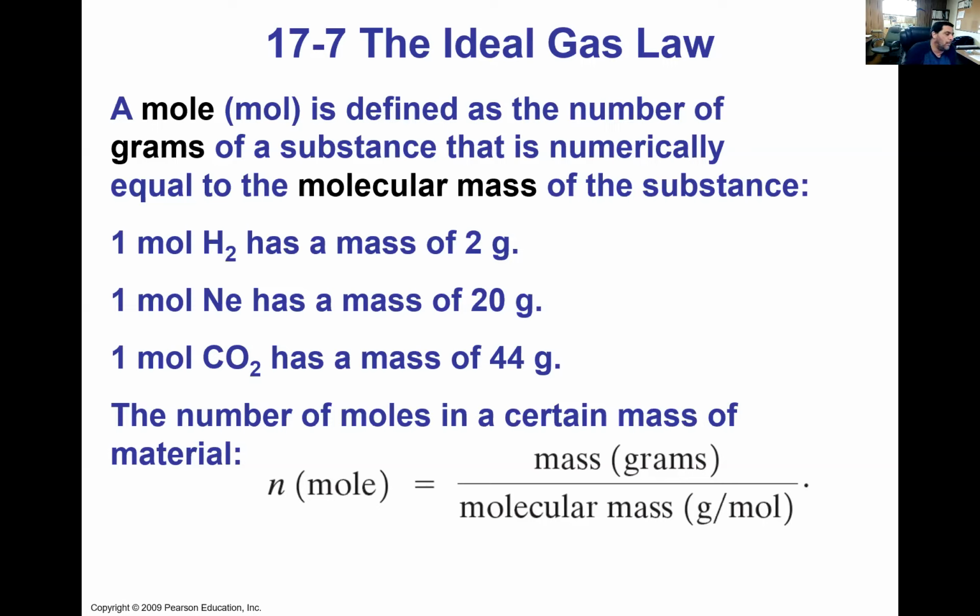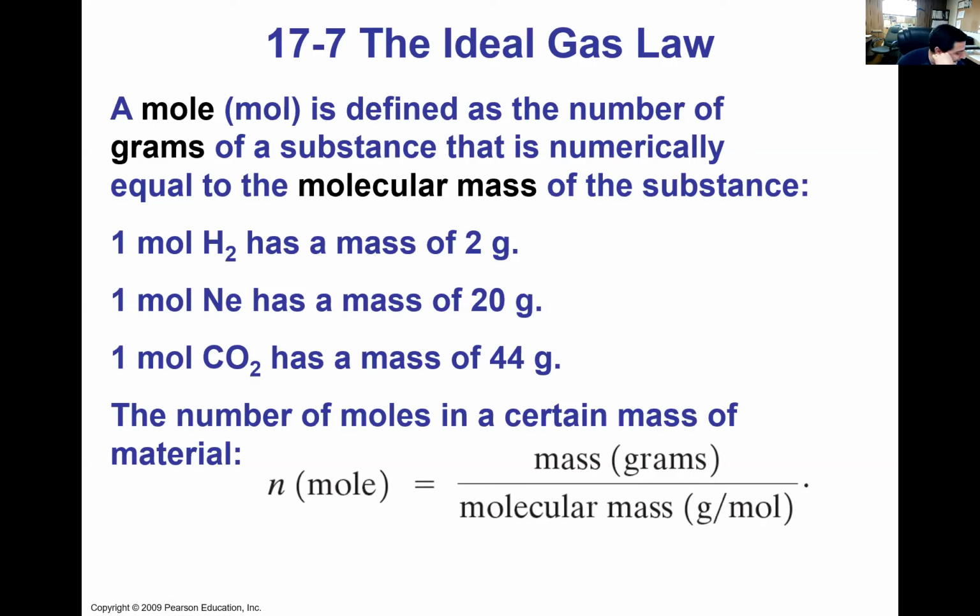So 1 mole of oxygen is 16. 16 times 2 is 32, right? 1 mole of carbon is 12. 32 plus 12 is 44. So the number of moles in a certain mass of material is equal to the mass in grams divided by the molecular mass, in grams per mole. Okay.